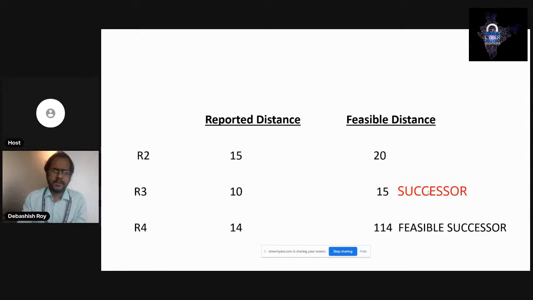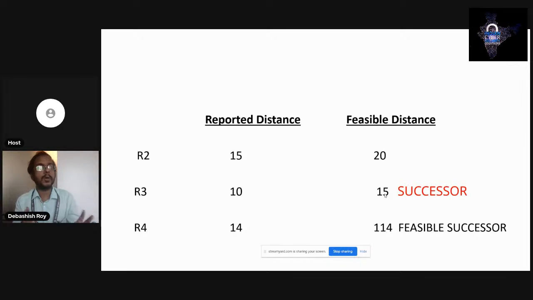And why is the path via R4 the feasible successor, not via R2? Because see, R4's reported distance, this 14, is less than the feasible distance of the successor route, that is 15. So the reported distance of a router should be less than the feasible distance of the successor.